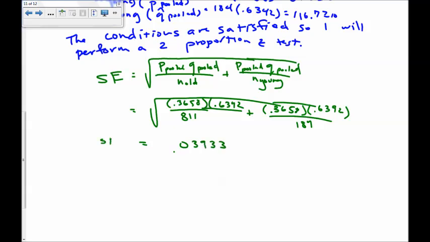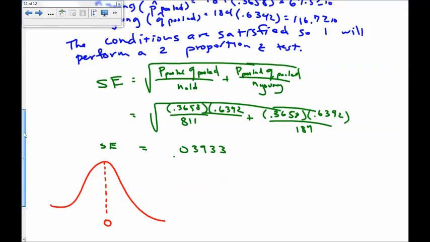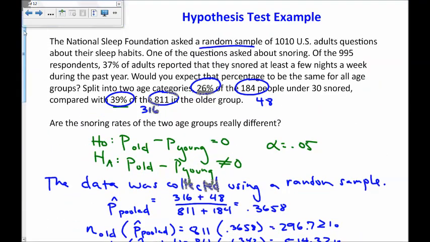That is our standard error for the difference between these two proportions. Let me remind you, here's our normal curve. The hypothesized difference is 0, and the standard error is 0.03933. I want to look at the difference, and the difference here was 13%. So that's the observed difference.